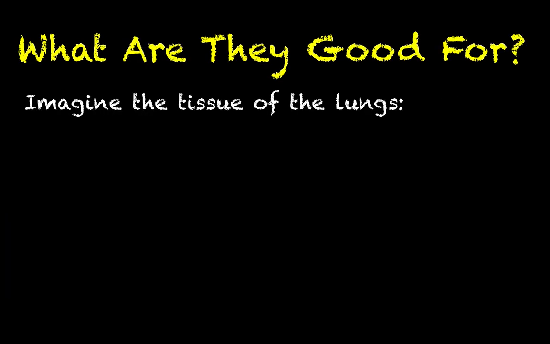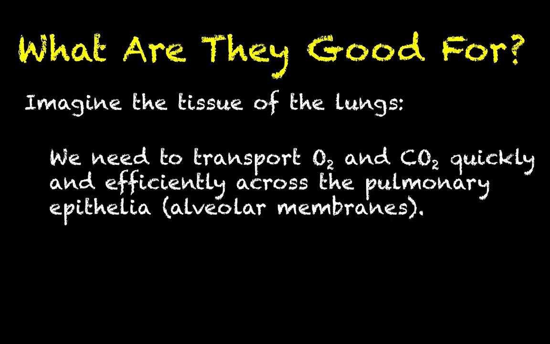So these are major types of epithelial cells, but what are they good for? So there are two basic things I want to make sure we get across here. Number one, let's imagine the tissue of the lungs. We haven't really talked about the respiratory system yet, but I think you'll be able to grasp this. So in the lungs, we need to be able to transport oxygen and carbon dioxide quickly and efficiently across the pulmonary epithelia.